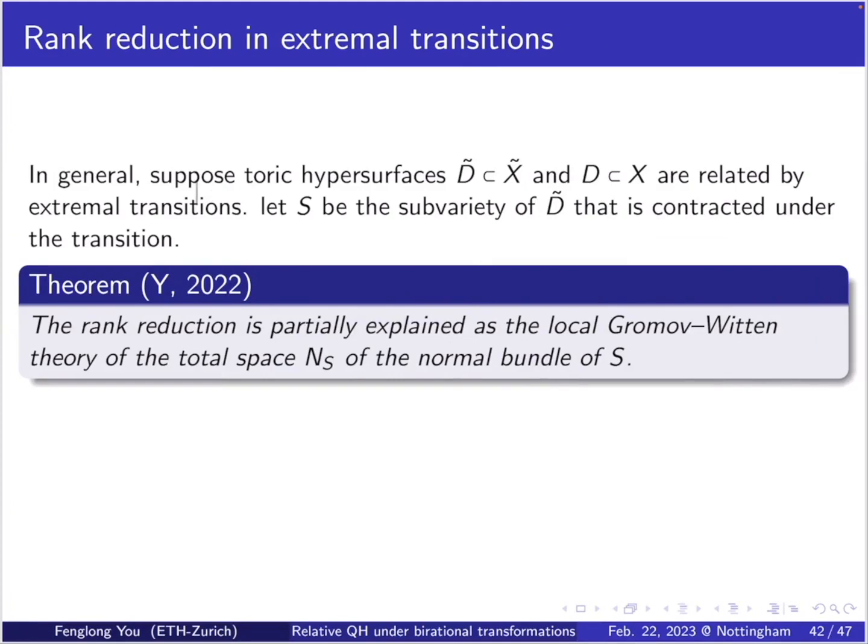So in general, if we have toric hypersurfaces Y tilde and Y related by extremal transition, and S is the subvariety of Y tilde that is contracted under this transition, then the rank reduction should be explained as the local Gromov-Witten theory of the total space of the normal bundle of this contracted subvariety. Right, because Gromov-Witten theory counts curves, and this variety gets contracted, so the curves in S are responsible for the rank reduction.